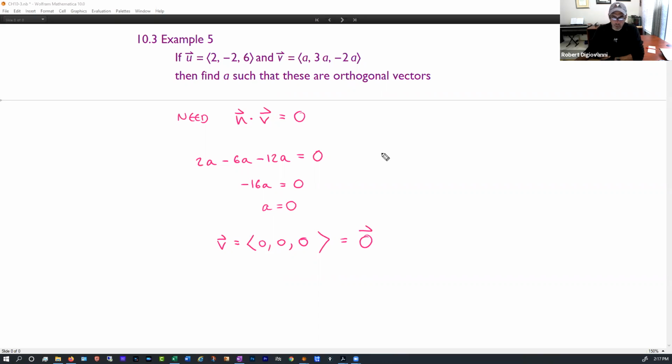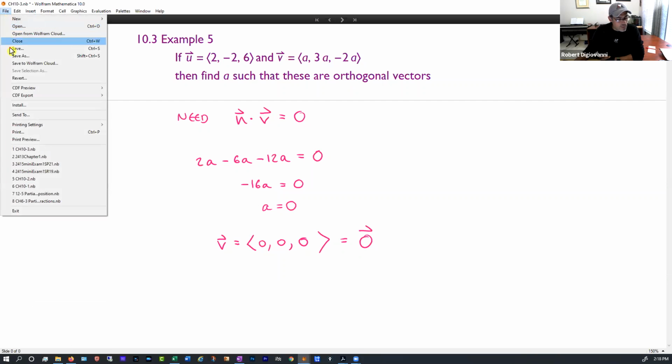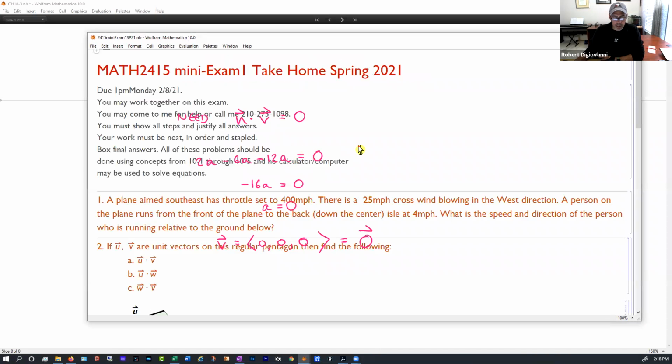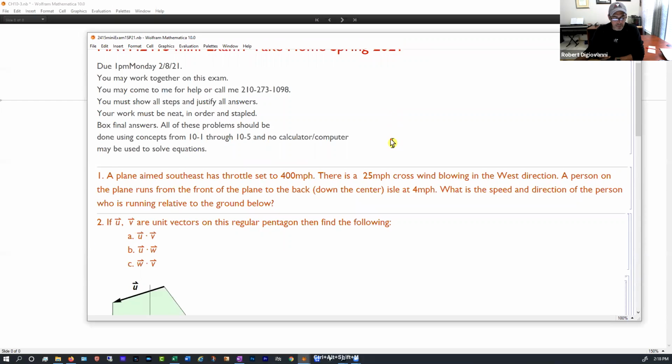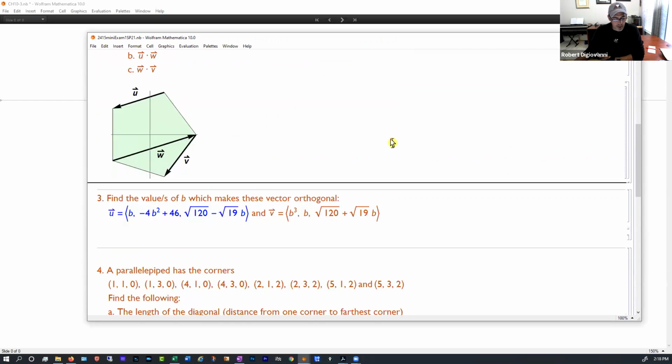This is a somewhat boring problem, but this is a good example of how, let's see, where is it? Here we go. Your first mini exam, look at this question here. Find the value or values of B which make these vectors orthogonal.